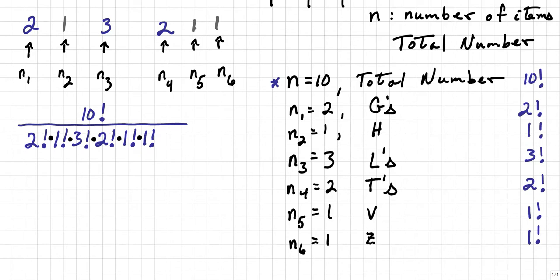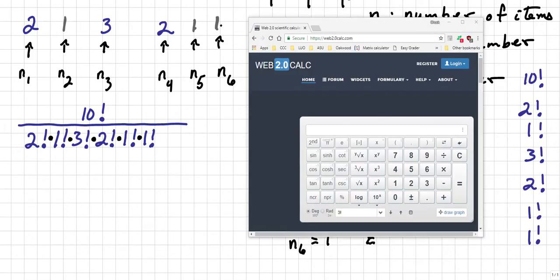The best way to do this is with a calculator, especially a scientific calculator that has a factorial key on it. To use Web 2.0 Calc, you just need to go to web2.0calc.com. This is a great online scientific calculator.